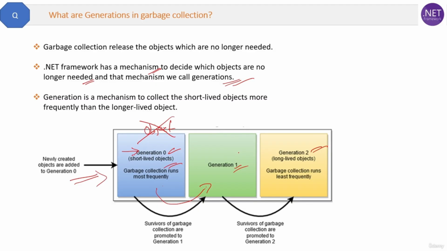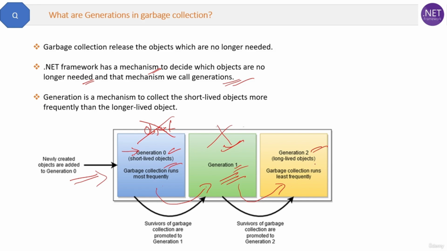In the same way, sometimes the garbage collector will visit generation 1 and check whether the objects present there are currently in use or not. If an object is in use, then the garbage collector will put it in generation 2, and if it is no longer used, then again it will dispose it.